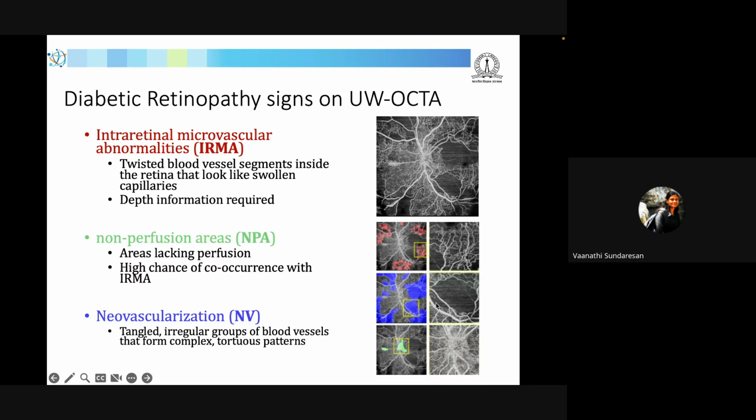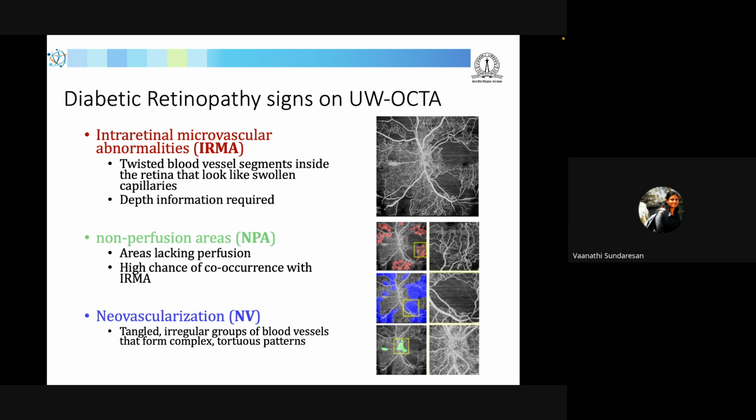Non-perfusion area. If you look at these blue regions, they are actually quite black. They don't show any blood vessels, which means that the blood is not able to perfuse there.